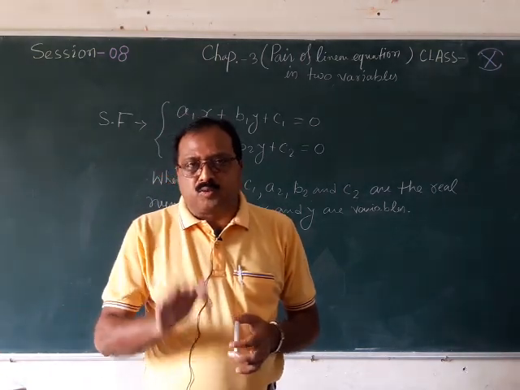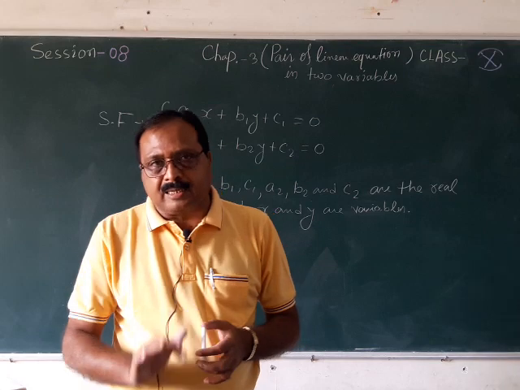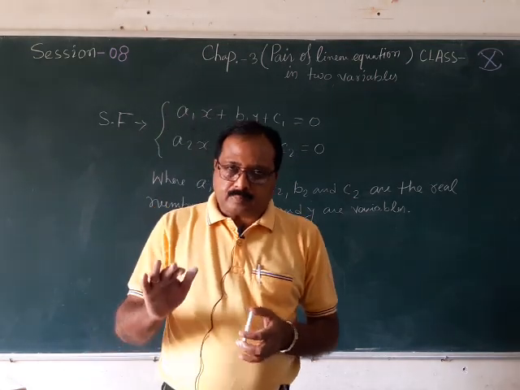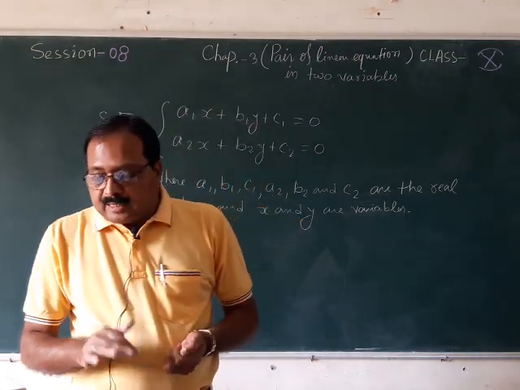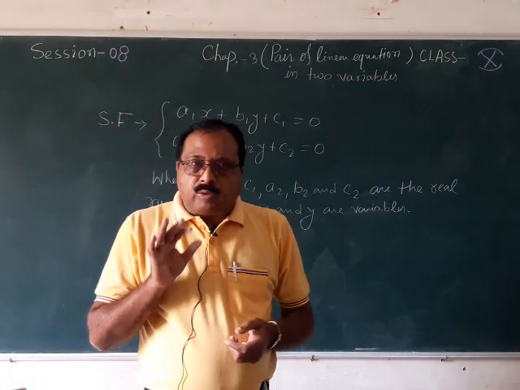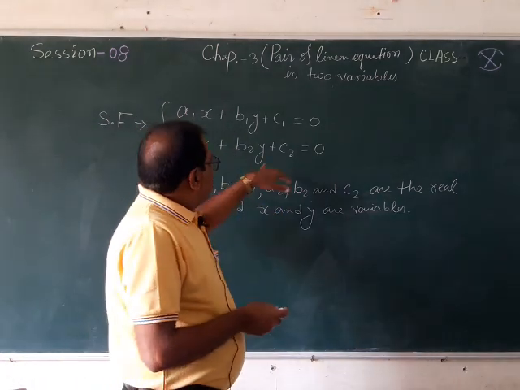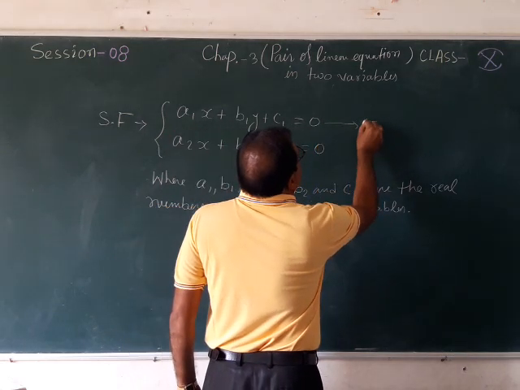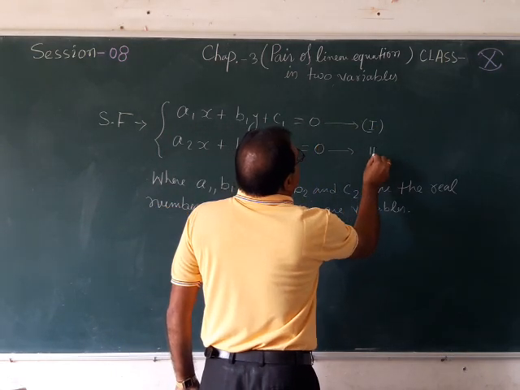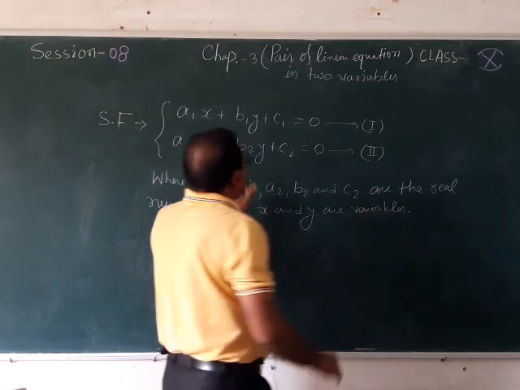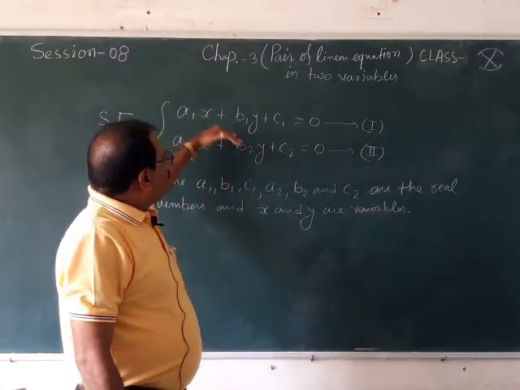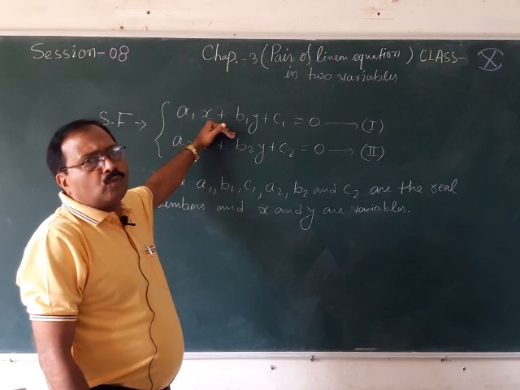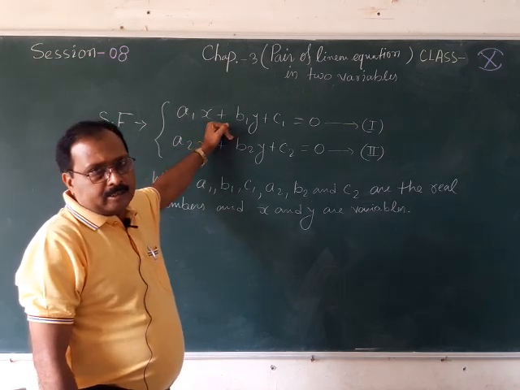In this method, what you are going to do exactly, first we will discuss that. First of all you have to write the equations. This is your first equation and this is your second equation. So for each and every equation, for the first equation, you need to find the solution set.